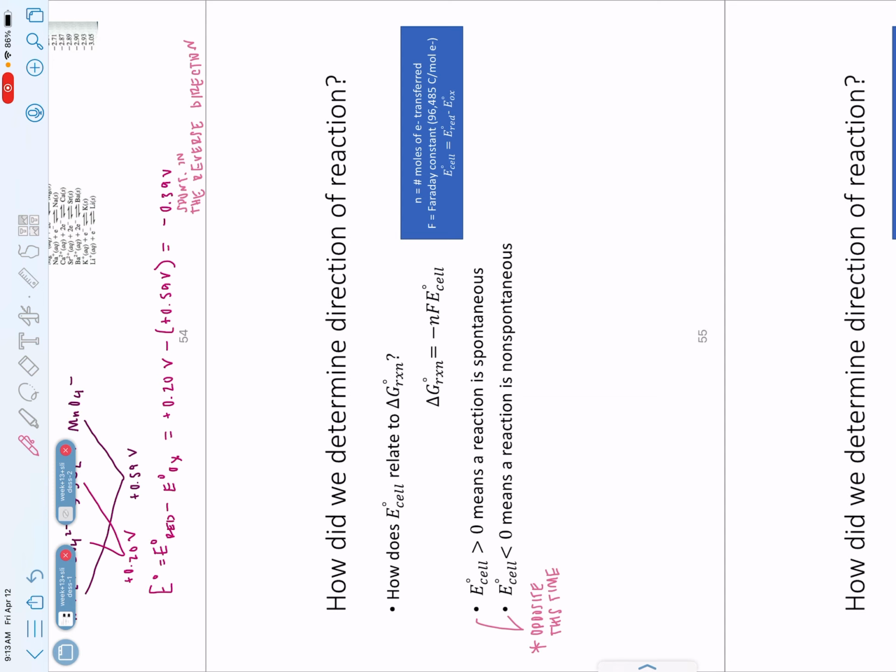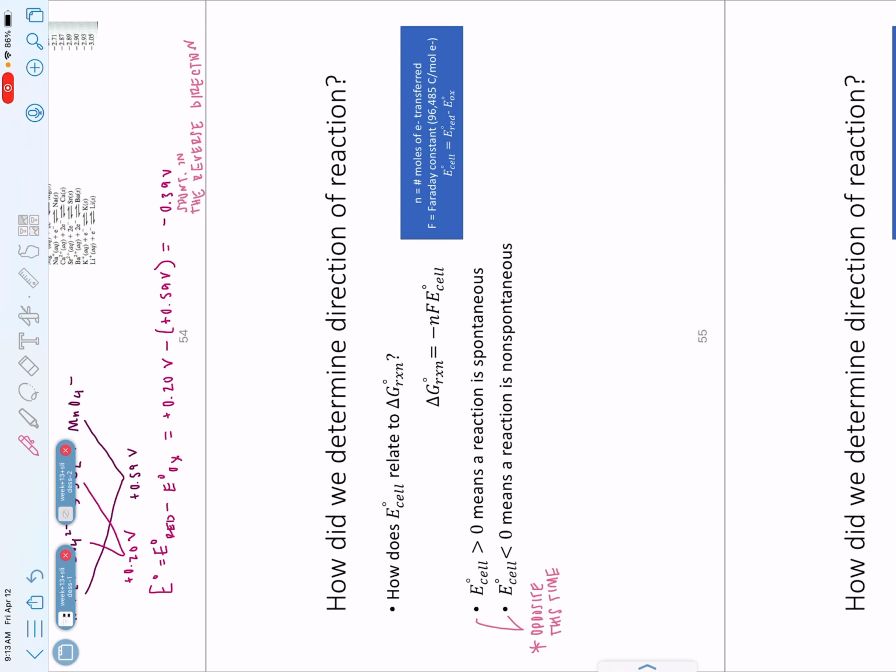That's the Faraday constant, F. The Faraday constant, F, is nothing more than the charge of a single electron times Avogadro's number. So 1.609 times 10 to the negative 19 times 6.022 times 10 to the 23rd gives us 96,485 coulombs per volt electron. A constant that will be on your equations and constants page.